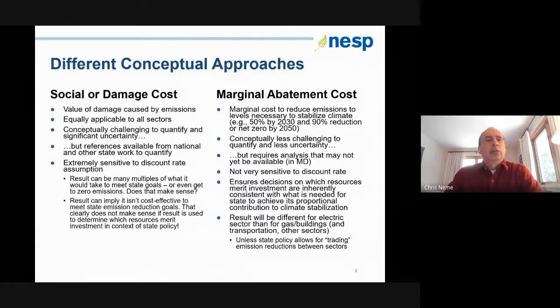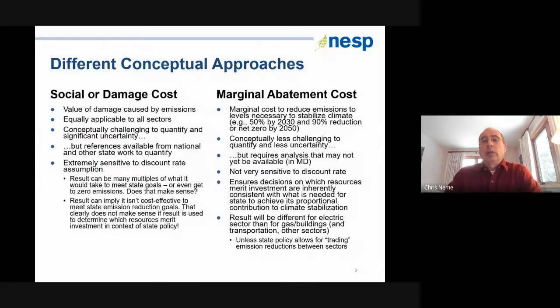Because it's a global estimate, it's equally applicable to emissions from any sector: the electricity sector, natural gas use, transportation, etc. It's conceptually challenging to quantify, and there's going to be significant uncertainty in quantification of those damages, because we're talking about all kinds of damages well out into the future, from increased storms, loss of biodiversity, health impacts, a whole range of things.